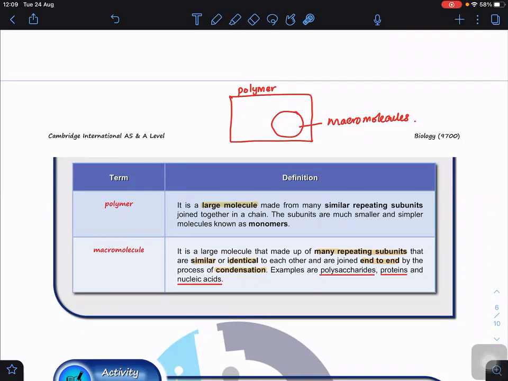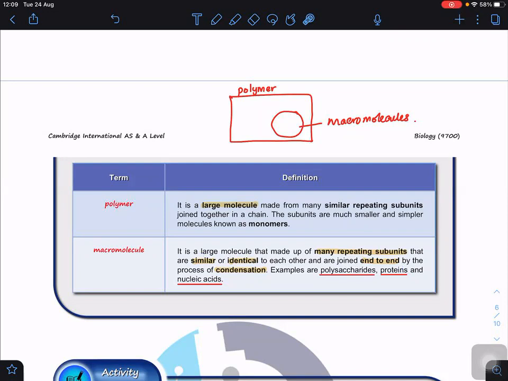Okay, under biology, we consider macromolecules with these criteria. First, they must have many repeating subunits of monomer, and the monomer can stand alone. Are you clear? For example, polysaccharide, monosaccharide; protein, amino acid; nucleic acid, nucleotide; they can stand alone. Okay. So they're either similar or identical. In polysaccharide, glucose, yes, identical.